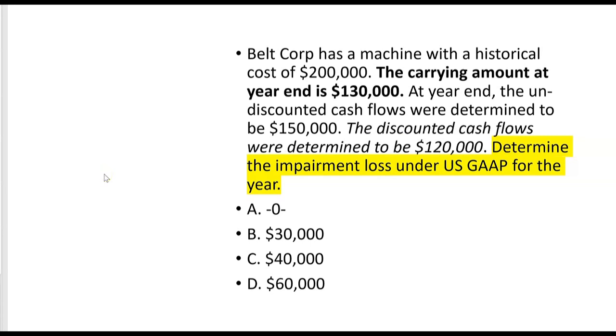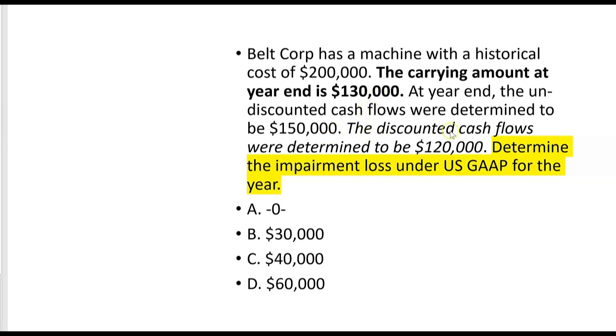And that's what I want to do here is change one more thing. Belt Corp has the machine with the historical cost of $200,000. We said the carrying amount at year end is $130,000. At year end, the undiscounted cash flows were determined to be $150,000, so we know that we don't have an impairment problem because we're going to eventually receive more cash than the carrying amount, so no impairment.